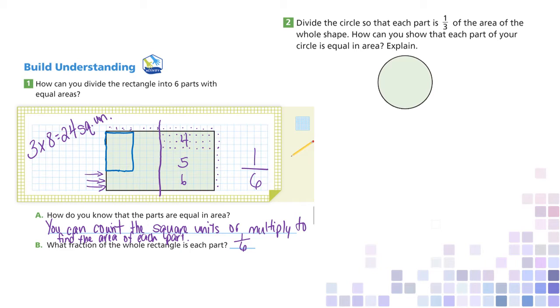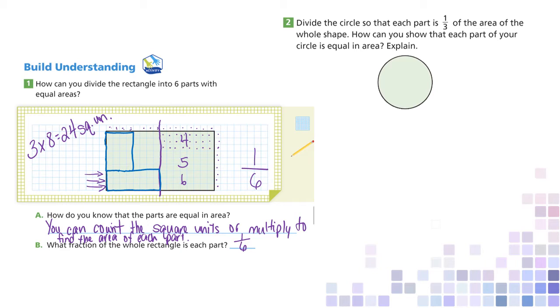And then I could do one with 3. So even though those two parts don't look the same, they have the same area, 24 square units. Okay, so there's many ways that you can divide that rectangle as long as they each have the same area.